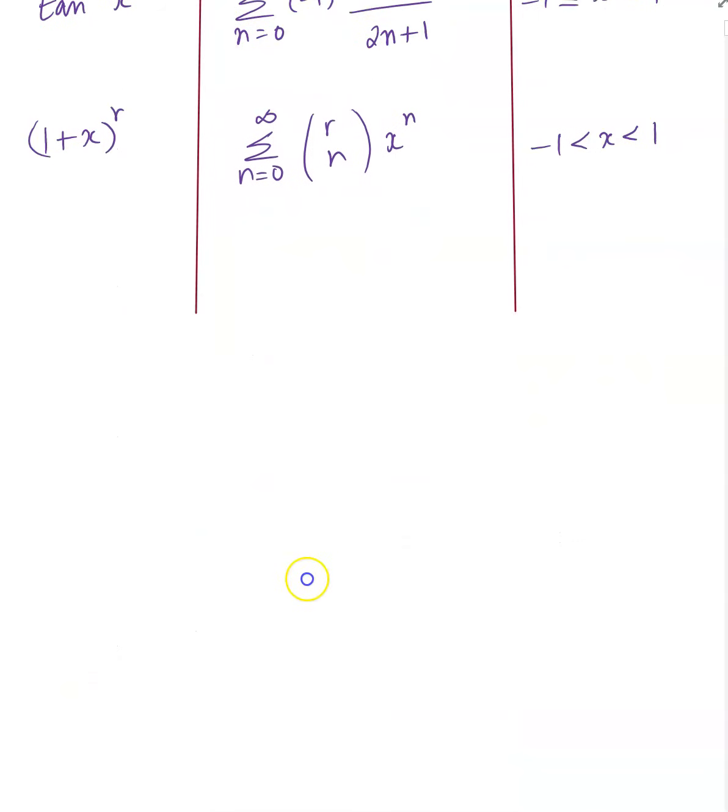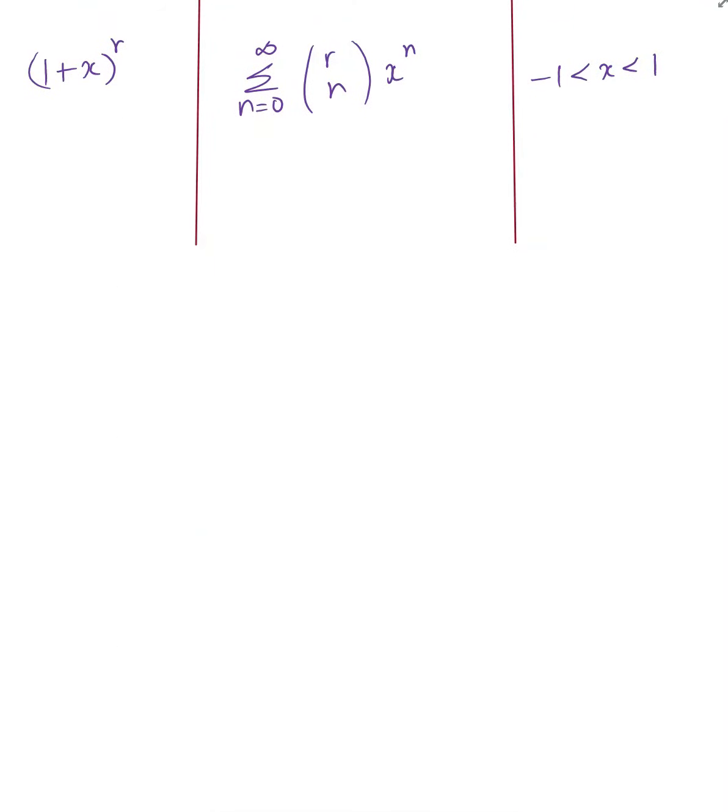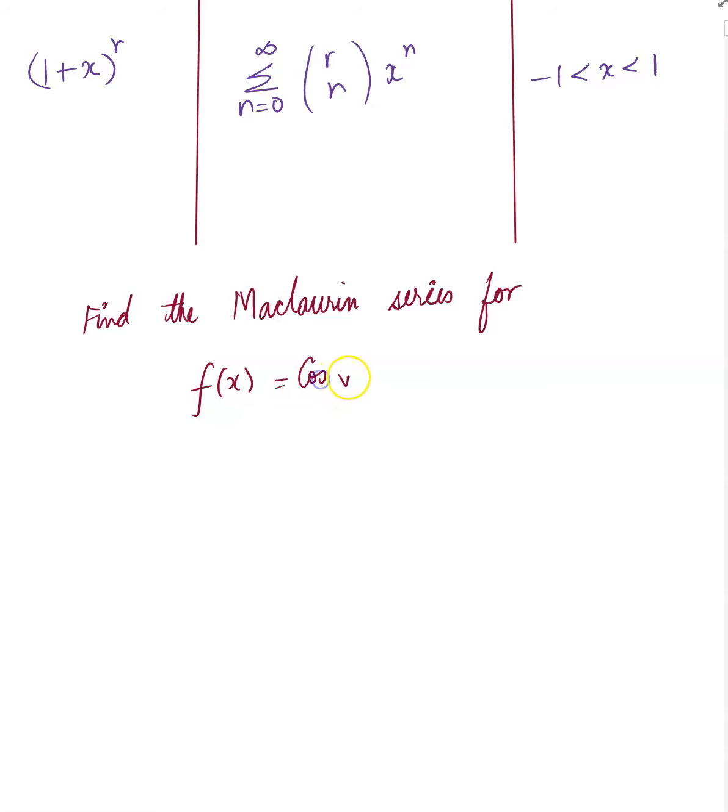Okay, let's go to the problem here. It says, find the Maclaurin series. It's f of x equals cosine square root of x.